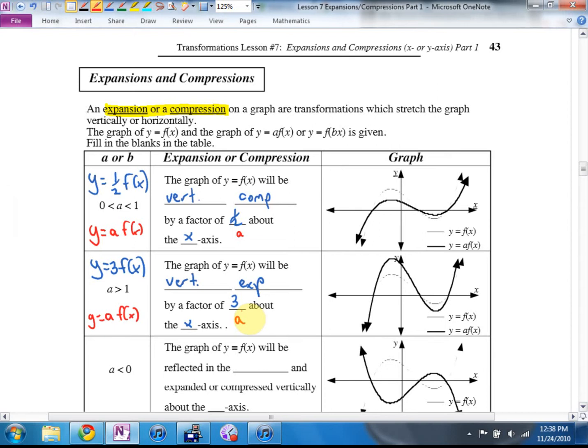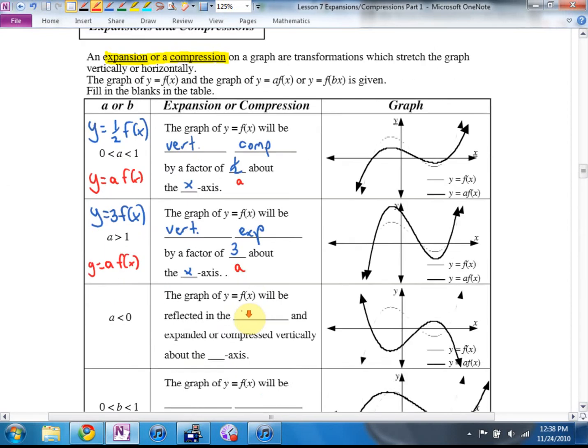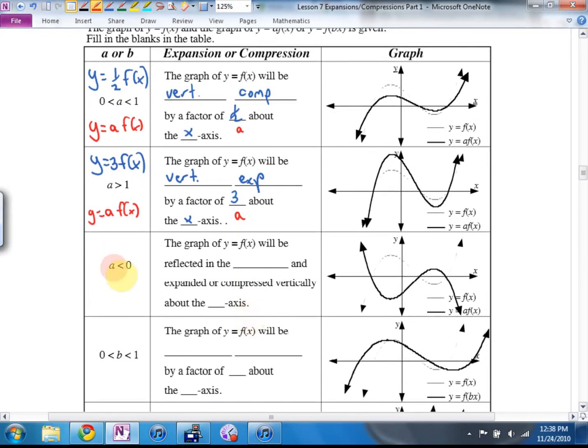Hey, what if a is also negative? So either this, y equals negative 1/2 f of x, or y equals negative 3 f of x. Those are both possibilities. What if a is also negative?